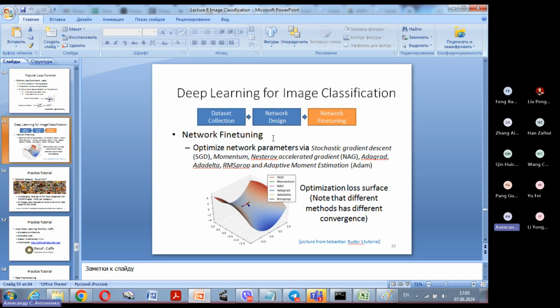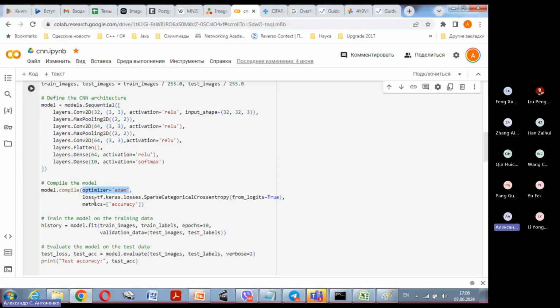So we can use different optimization strategies: stochastic gradient descent, Nesterov gradient, and yes, adaptive moment estimation, ADAM. It's one of these methods. Then I use the cross entropy loss function and use the metric accuracy for evaluation.